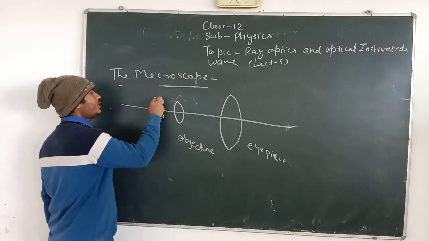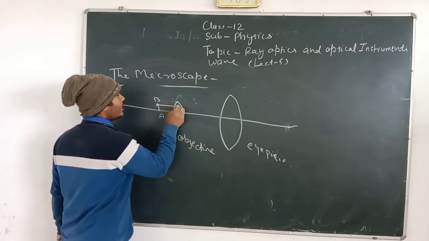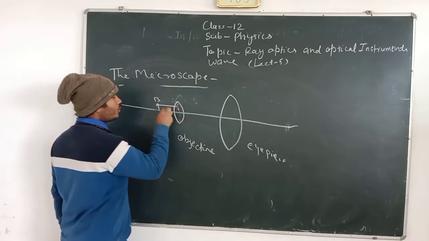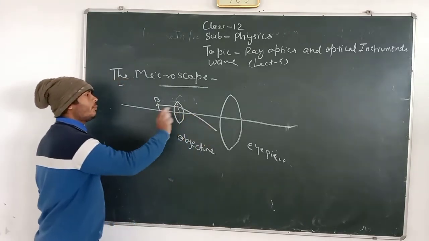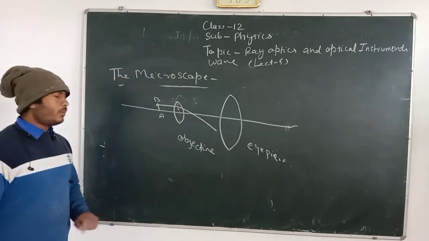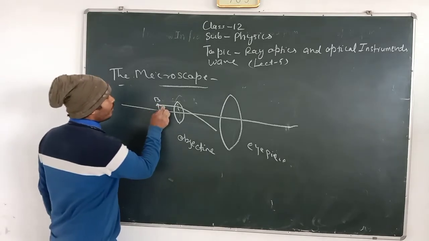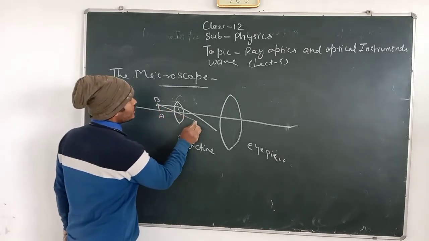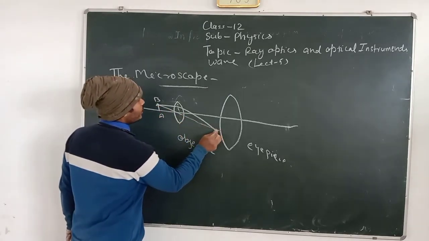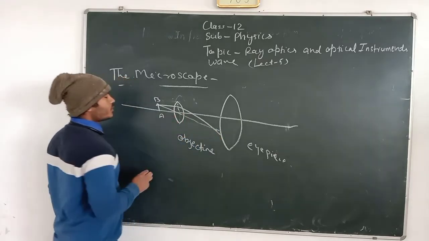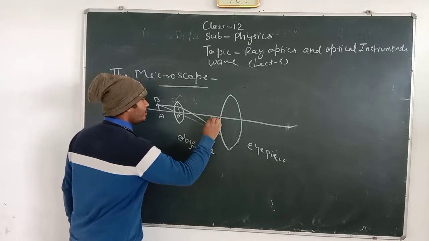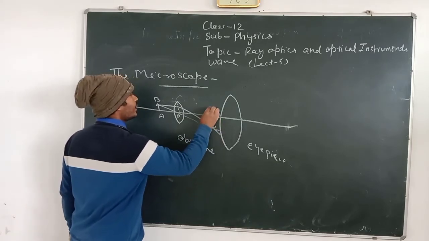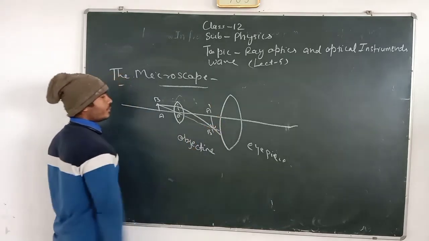Let us say it is AB. So this ray will fall parallel to the principal axis. After refraction, it will pass through the focal point of this objective lens, and one ray I am drawing passes through the optical center O. So here the image A dash B dash is formed.